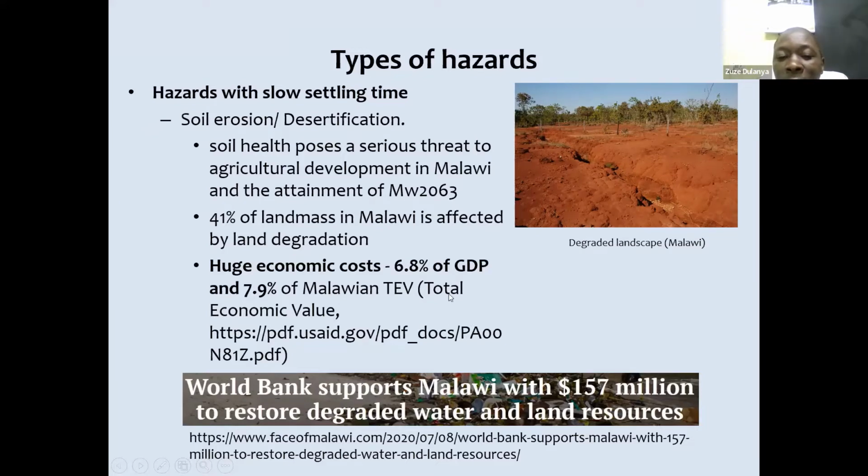This is a huge amount of our GDP. The current estimates suggest that nearly 7% of our GDP is lost through land degradation. So this is a potential hazard which is perhaps given little attention. So that is one example of the slow settling hazards.